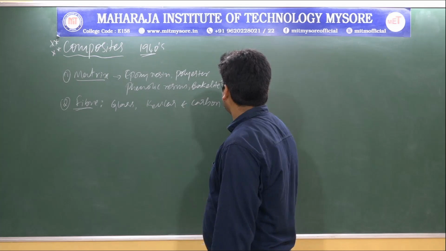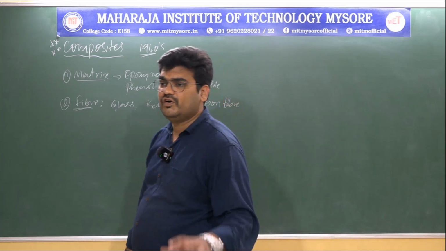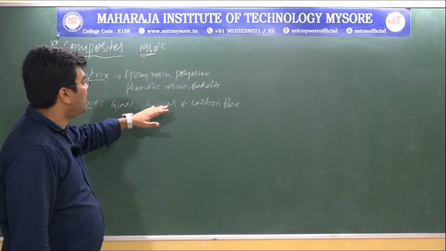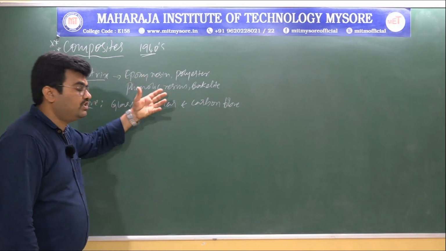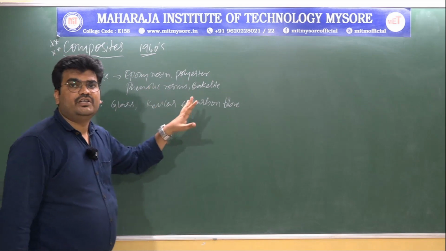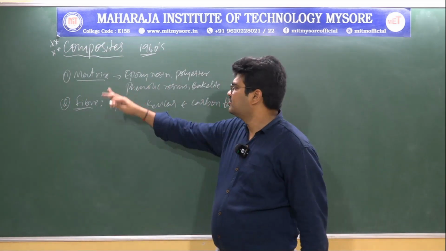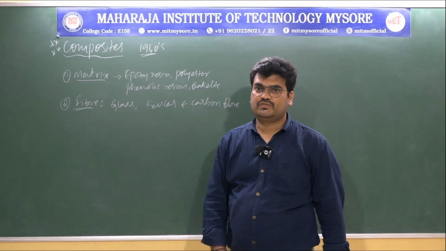Usually these fibers will be embedded or reinforced into the matrix in order to make the matrix stronger, right? This will make the matrix very strong. These are the examples, right?